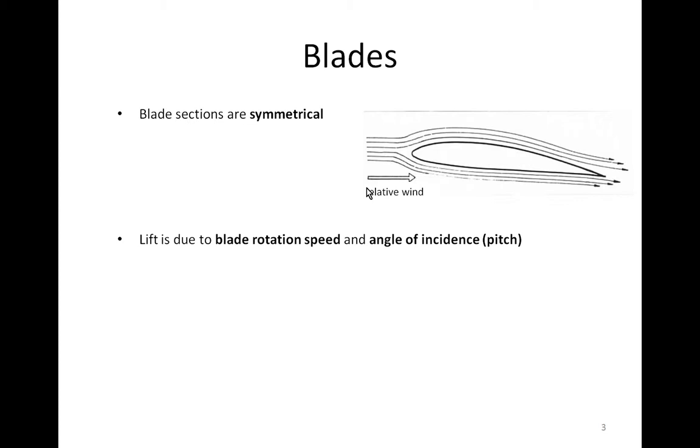Blades have the same behavior as aircraft wings. Lift is due to speed, so for Heli it is blade rotation speed, and angle of incidence or pitch. On RC Heli we use a constant rotor speed, so to modify the lift, we will modify the pitch.